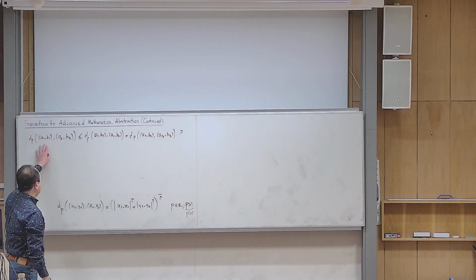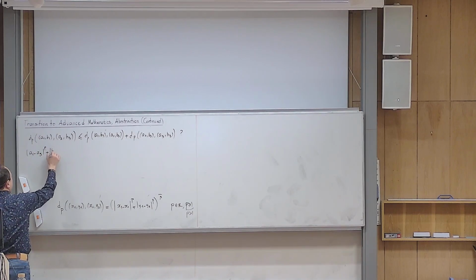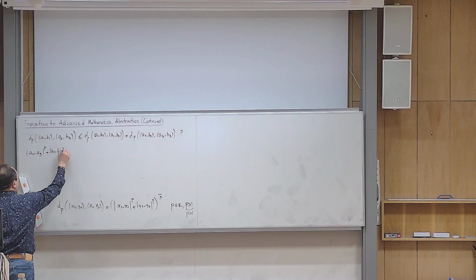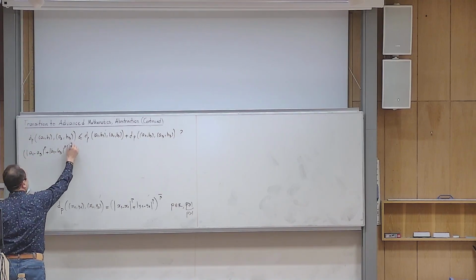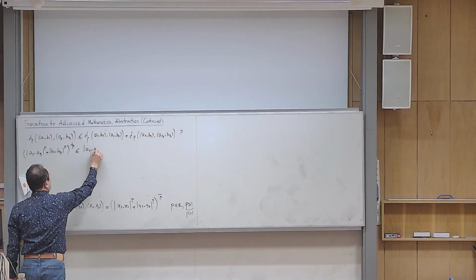If I translate this into the language of my formula, this becomes the absolute value of a1 minus a3 to the power of p plus b1 minus b3 to the power of p, all to the power of 1 over p, is less than or equal to the absolute value of a1 minus a2 and so on.